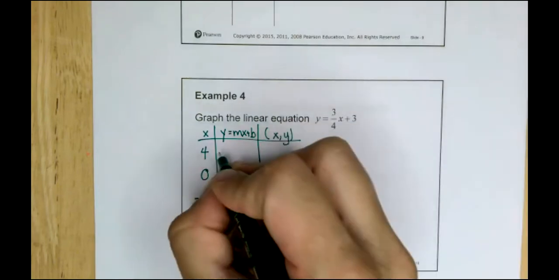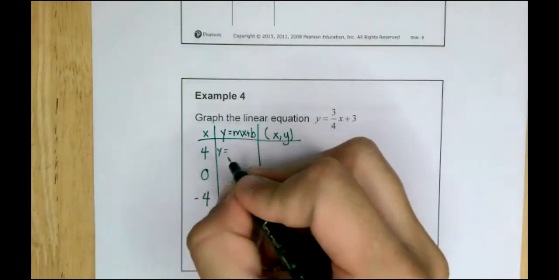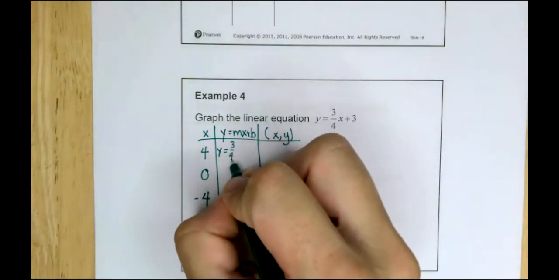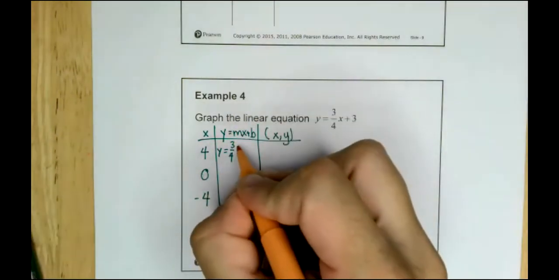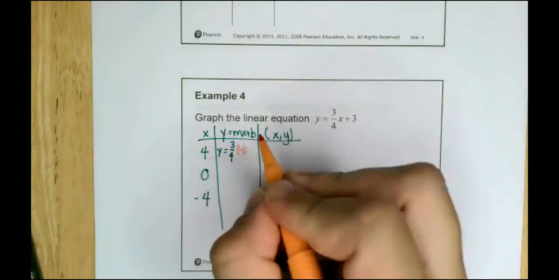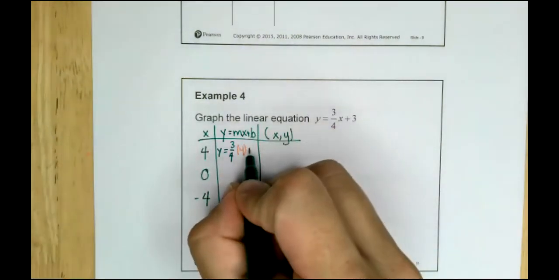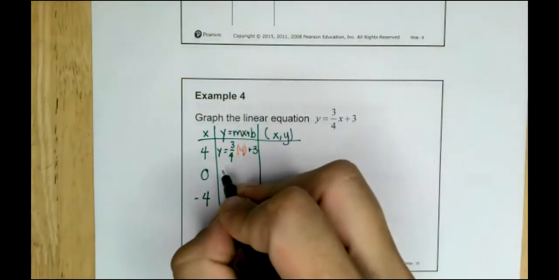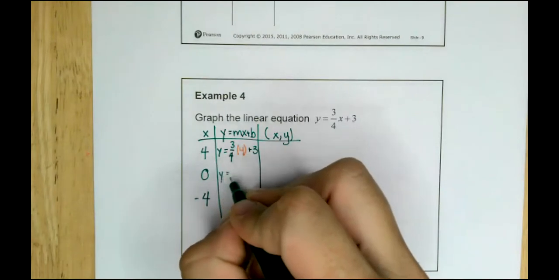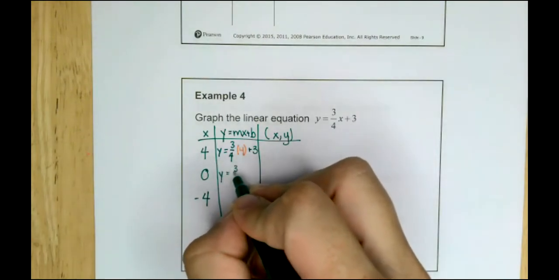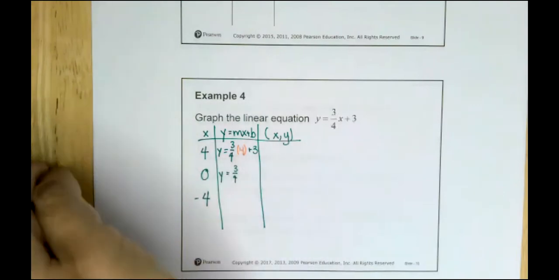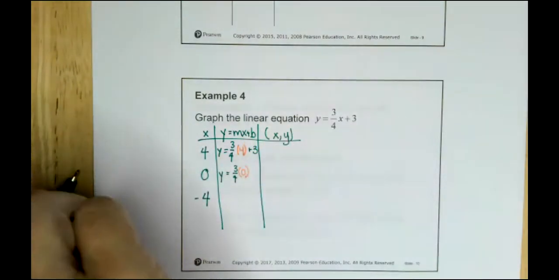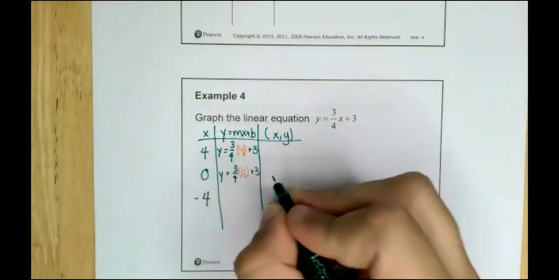So we have y equals 3/4, and instead of x, I'm going to write the number 4, plus 3. Sorry, this is so small. Okay. Y equals 3/4. This time instead of 4, I'm going to put 0, plus 3.